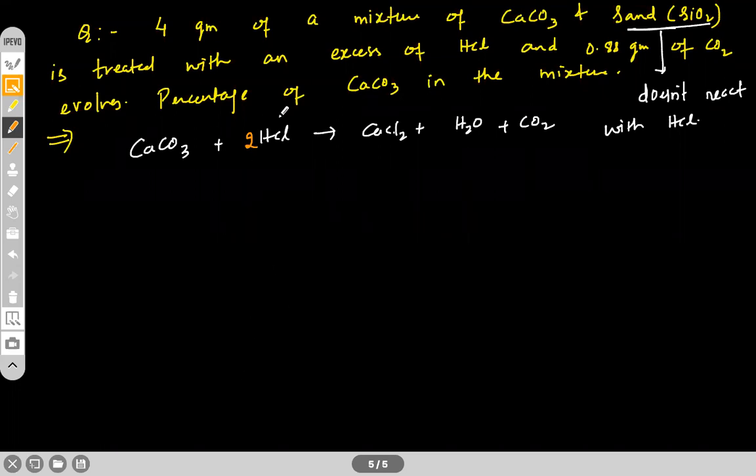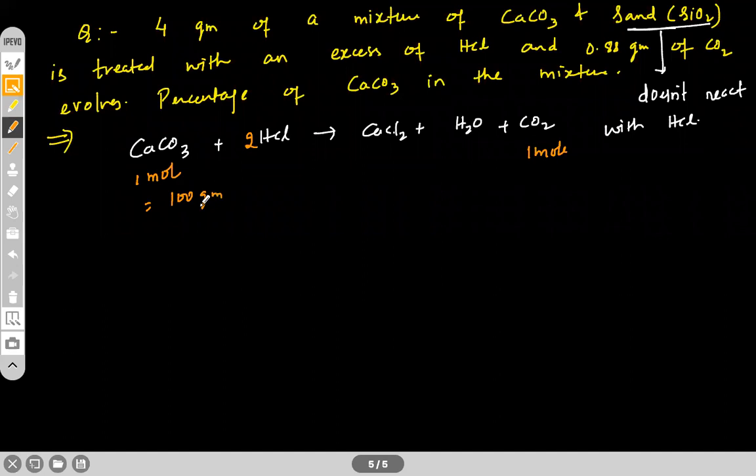Yeah. So 4 gram of the mixture with an excess of HCl gives this much CO2. Okay, so what we can say is that 1 mole of CaCO3 gives 1 mole of CO2 gas, and 1 mole of CaCO3 is 100 gram.